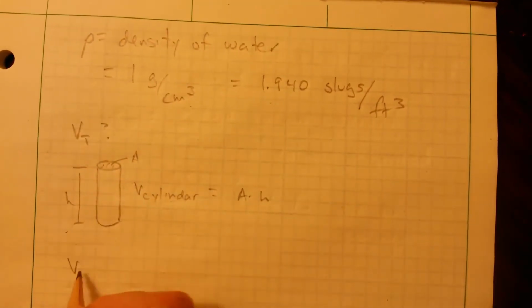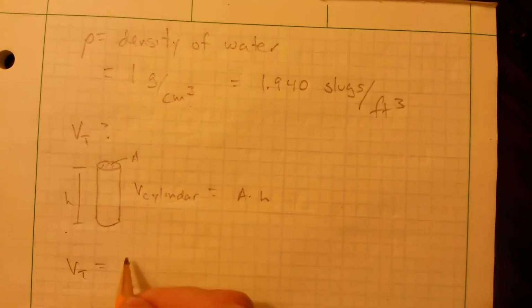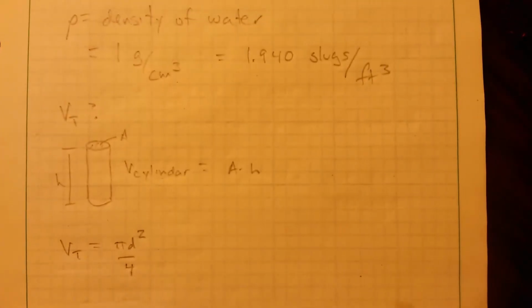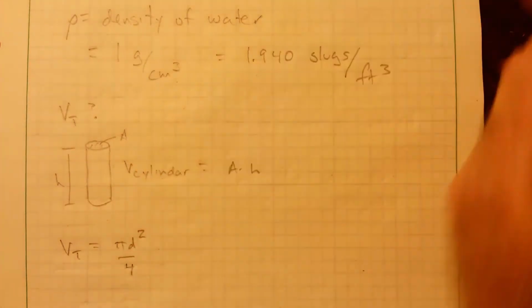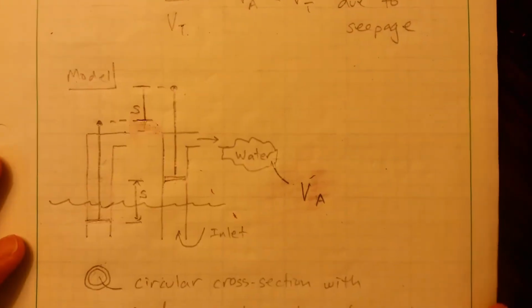In our particular case, since it's a cylinder, the area is pi d squared over 4. So the question is, what is the height of the cylinder of water that's removed?